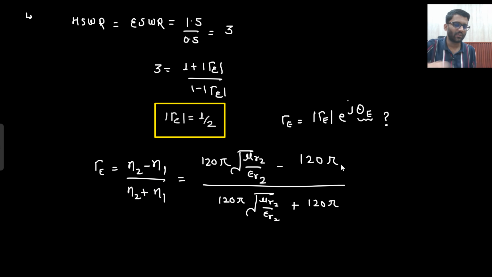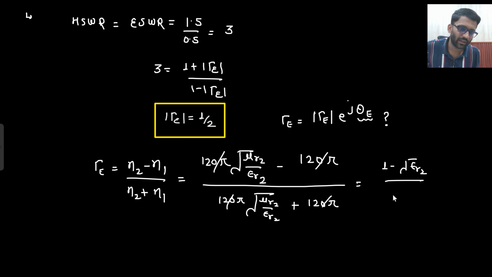I can take 120π common, so everything gets cancelled. What you are left with is (1 − √εr2) divided by (1 + √εr2).